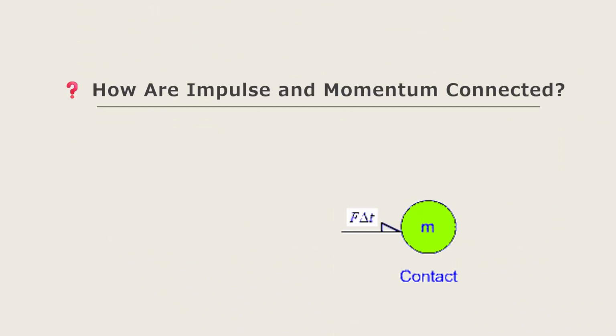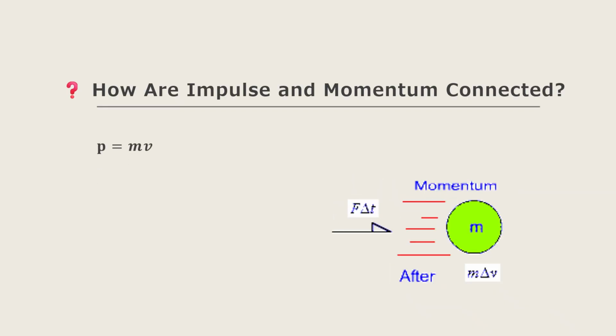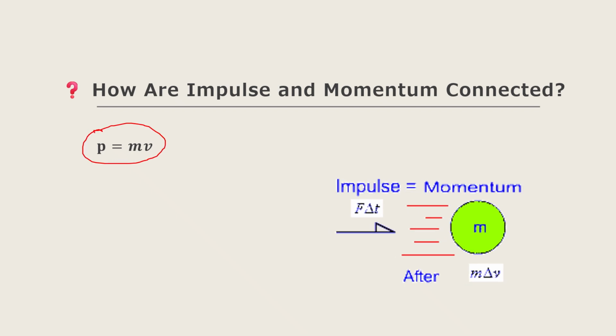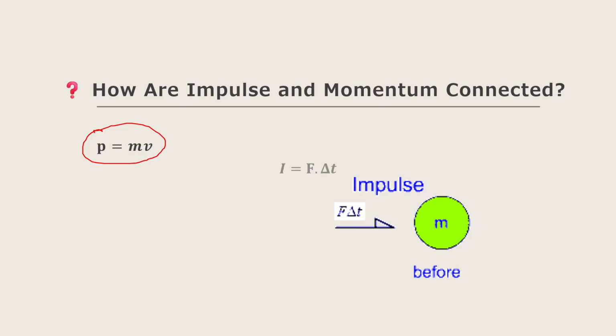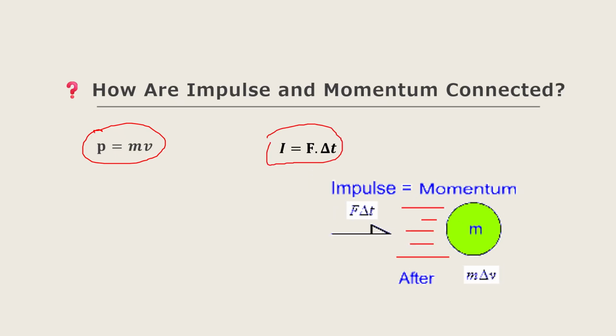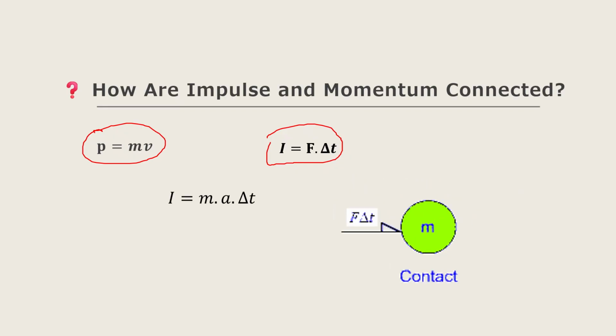Now the question is, is there any relationship between the impulse and momentum? As we know, momentum is mass times velocity, and impulse is force times the duration of time. So how can we make a relationship between these two?